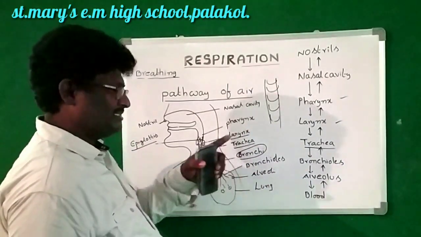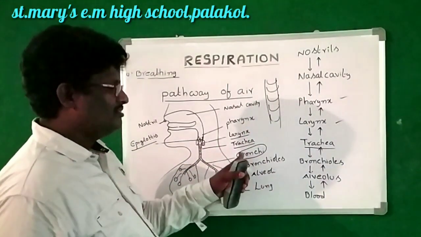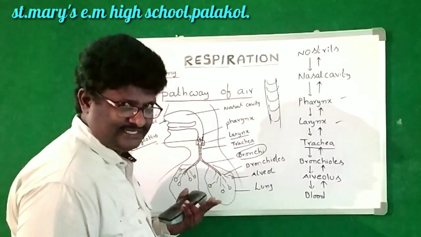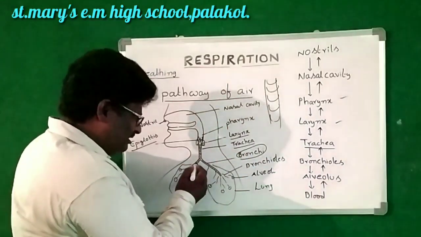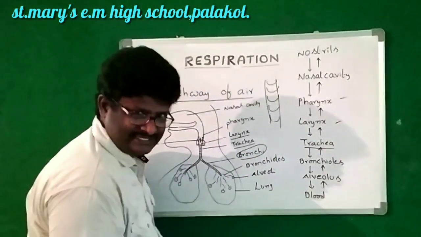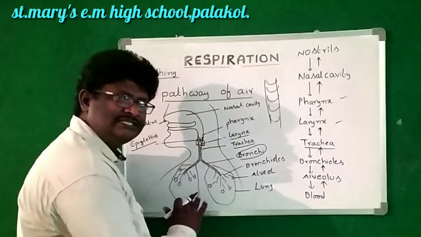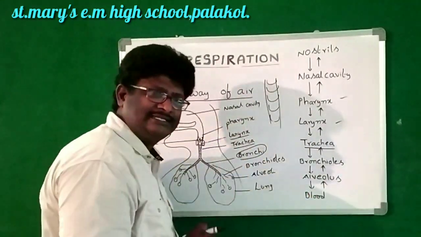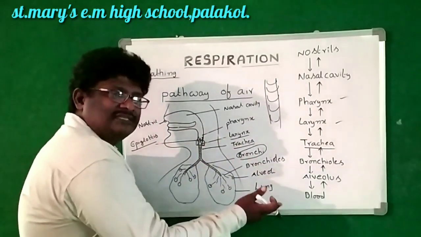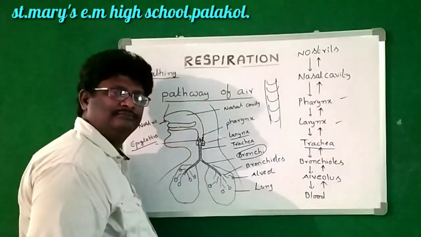After these, the two branches enter the two lungs. One branch enters the right lung and another branch enters the left lung.